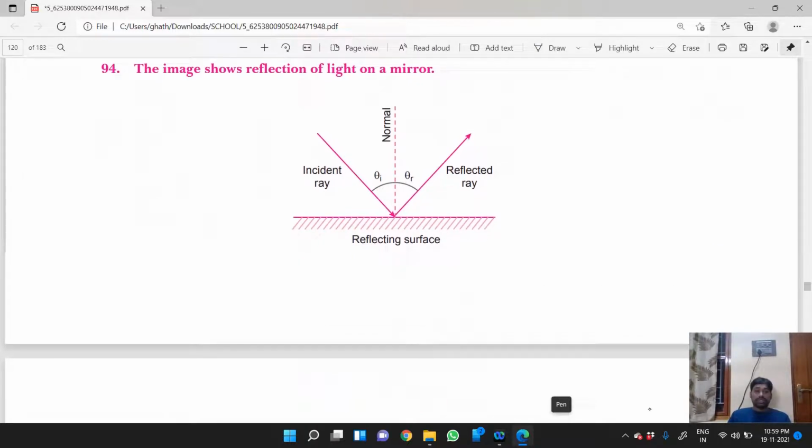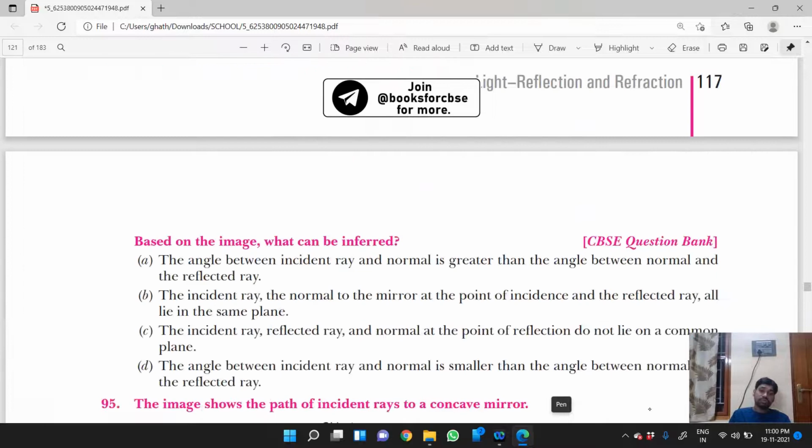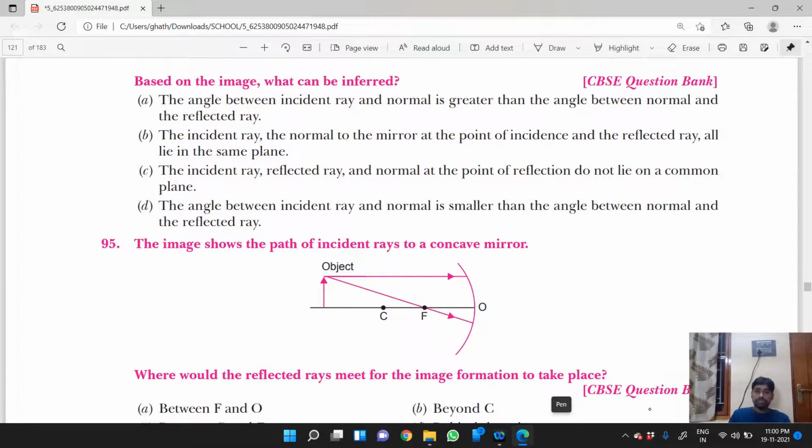Come to the question number 94. The image shows reflection of light on a plane mirror. Which kind of image does it show? So if you see the options, based on the image, what can be inferred, what we can conclude, that is what they are asking.